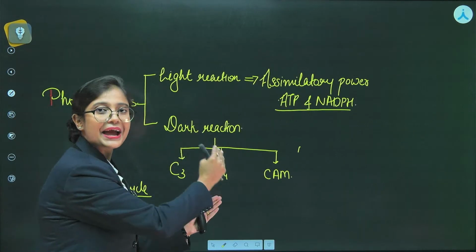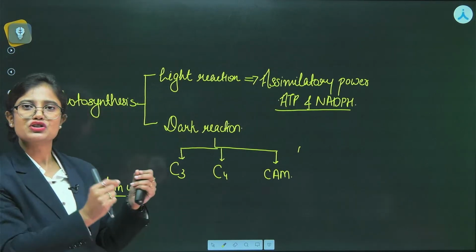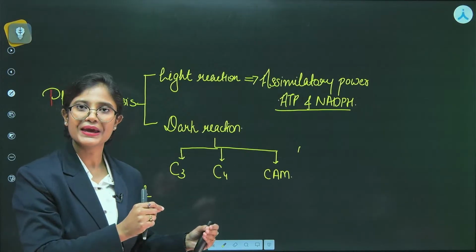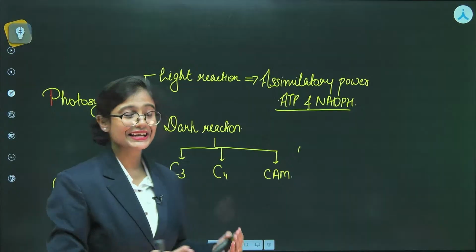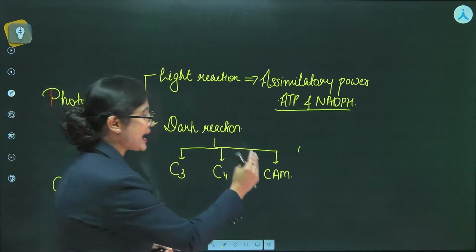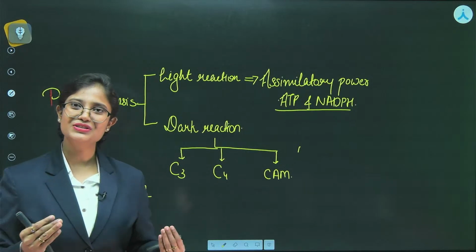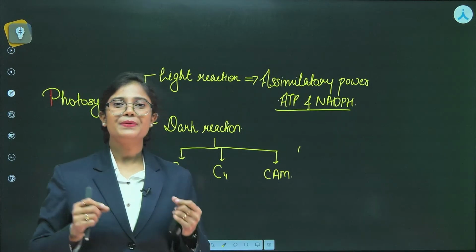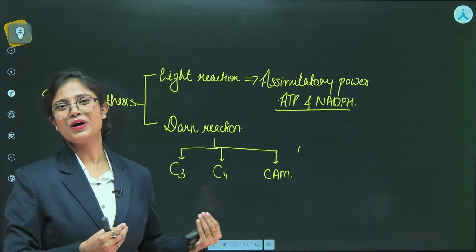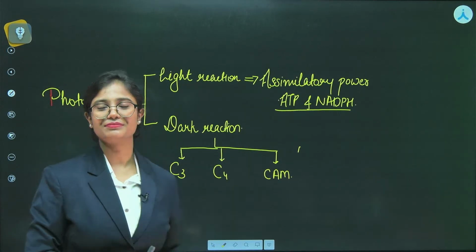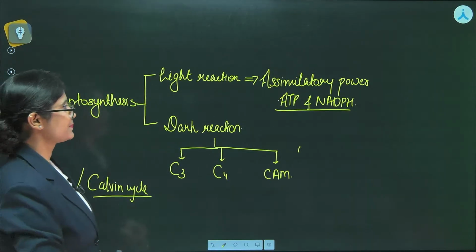To adapt to adverse conditions, they have adapted certain anatomical features which help in assimilating the carbon dioxide more efficiently. Same way in the CAM plant also, उसमें भी कुछ anatomical modifications हुए और उसमें carbon dioxide assimilation में modify हुआ और pathway बना. That's why they are differentiated into 3 types of plants.